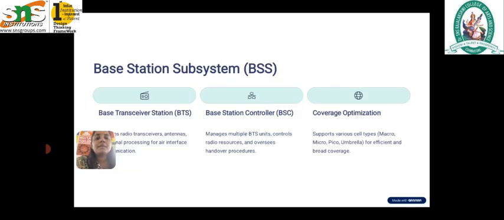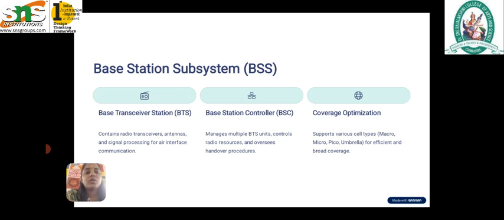The base station subsystem divides into three categories: base transceiver station, base station controller, and coverage optimization. The base transceiver station generally refers to the radio transmitters, which involve transceivers between the connected devices for signal processing of communication.